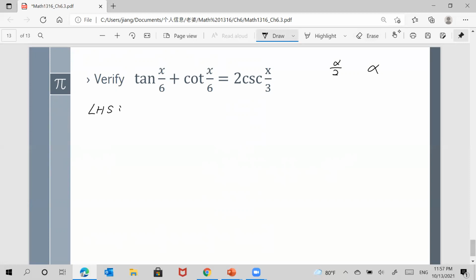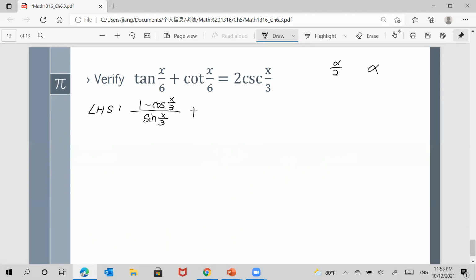I can convert this one into one expression. I prefer 1 minus cosine alpha, where alpha is 2 times x over 6, that's x over 3, divided by sine x over 3, plus.